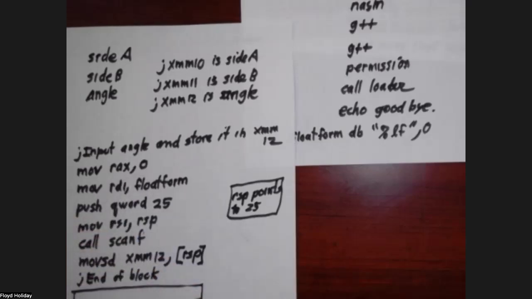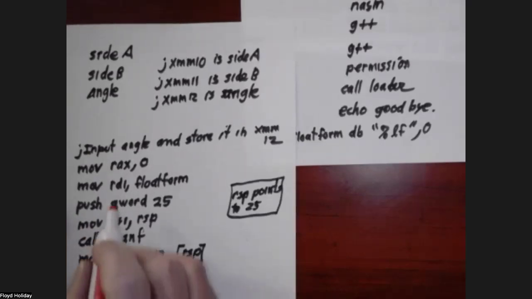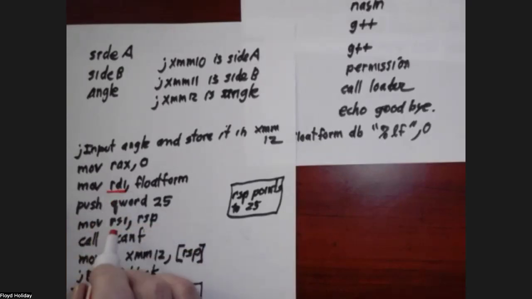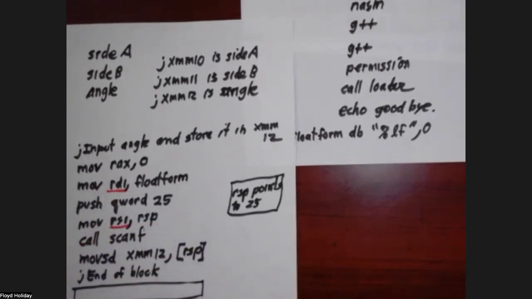Scanf understands the primary 6. Here's the first of the 6, and this is the second of the 6. And we don't go any further on this example. So we better fix it now. Good programming: I ended the block too early.